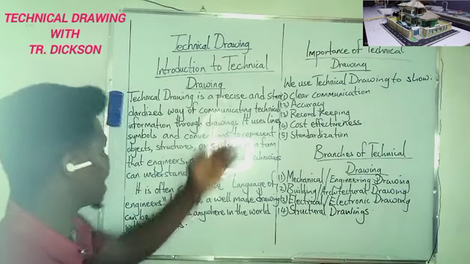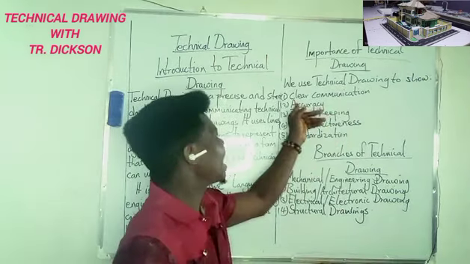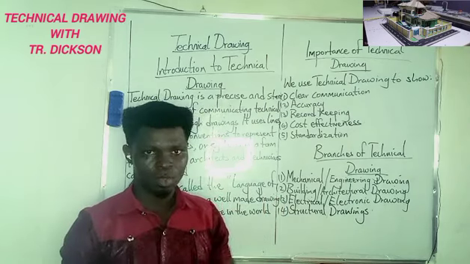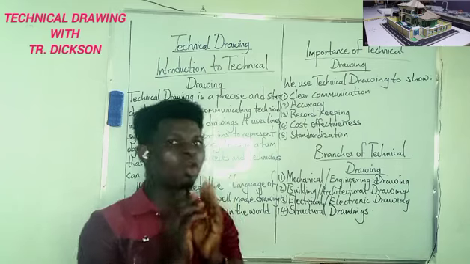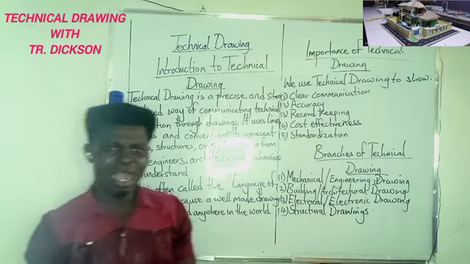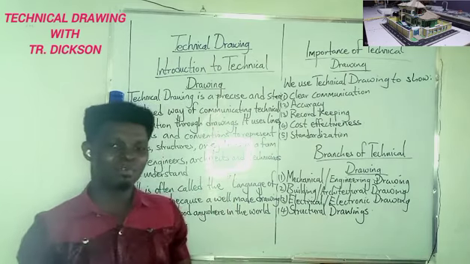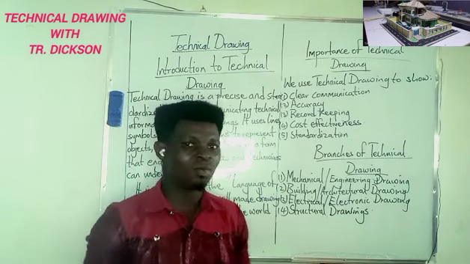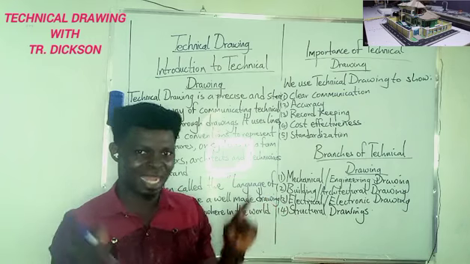So first we say, we use technical drawing to show clear communication. Number one function of technical drawing is showing of clear communication. How is that coming to bear? For example, if I am to make a drawing right here, it's a way of communicating an idea.